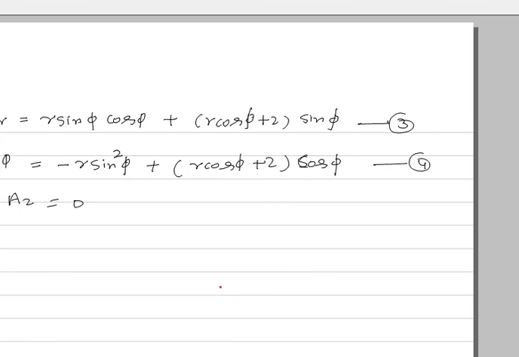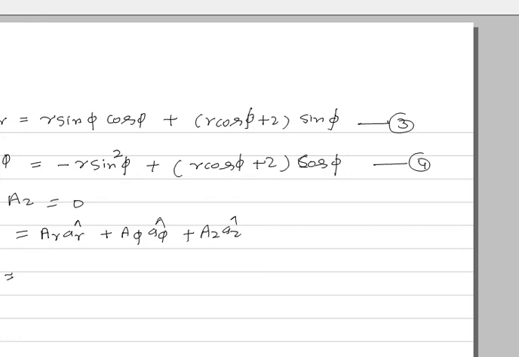Now solve equations 3 and 4, and after that put in the equation, suppose this is the cylindrical vector, AR unit vector AR plus A phi unit vector A phi plus AZ unit vector AZ. Now put the value of AR, A phi, AZ from equations 3 and 4.